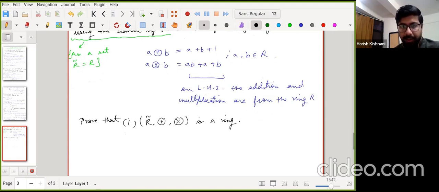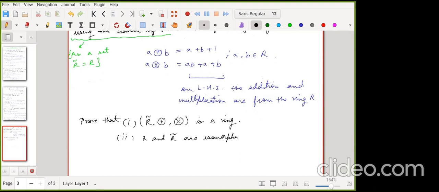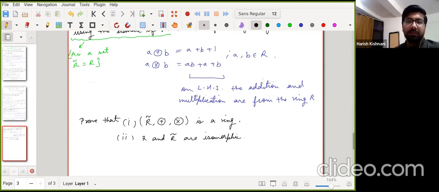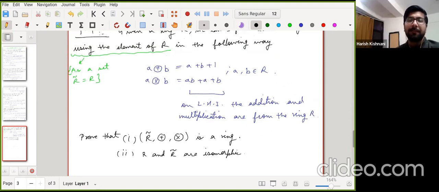The second thing one has to show is that R and R delta are isomorphic. Are the elements of R delta the same as the elements of R? Yes, only the operations we are changing.